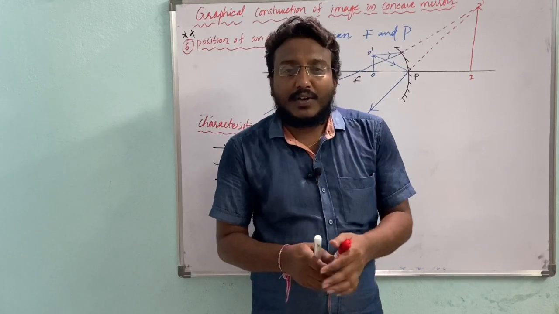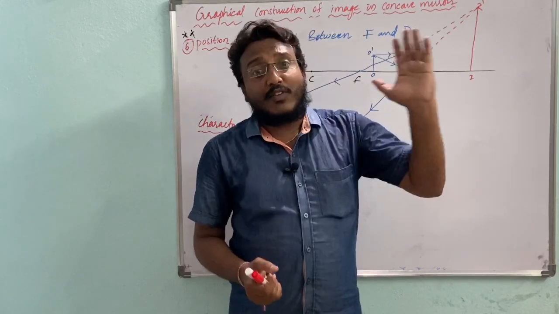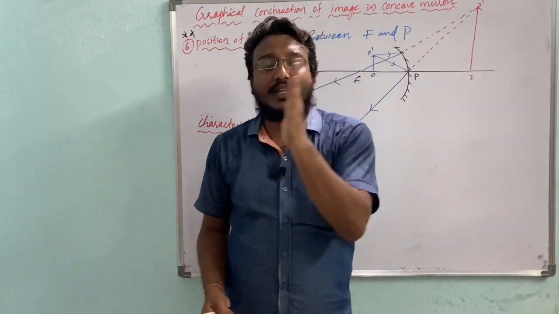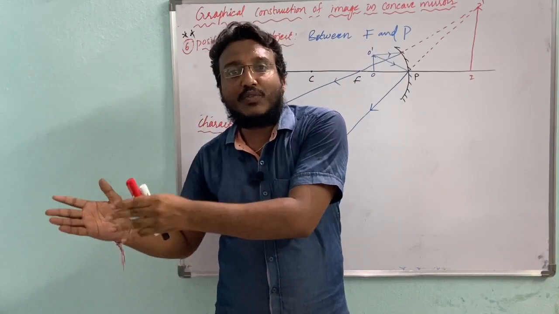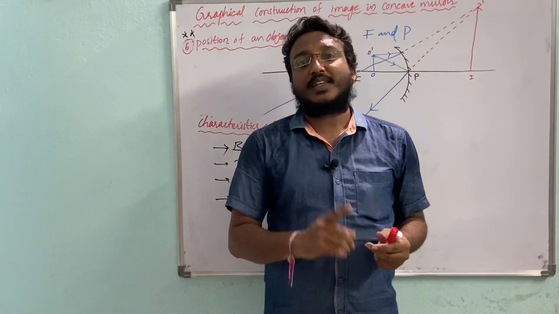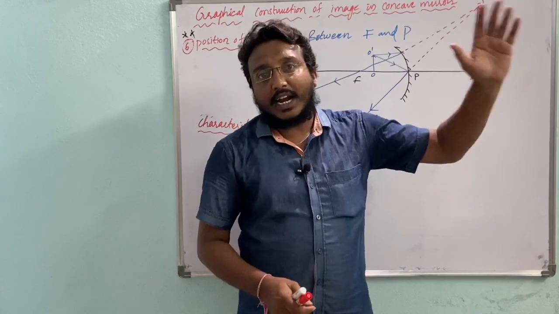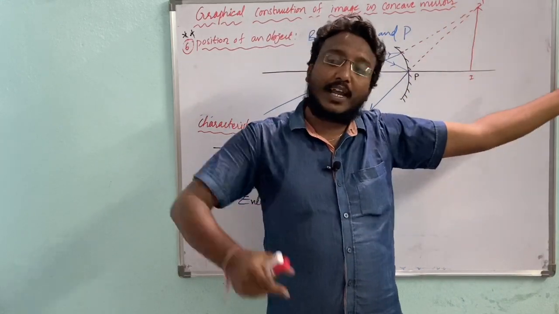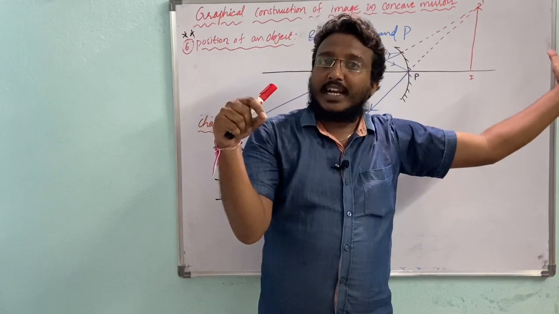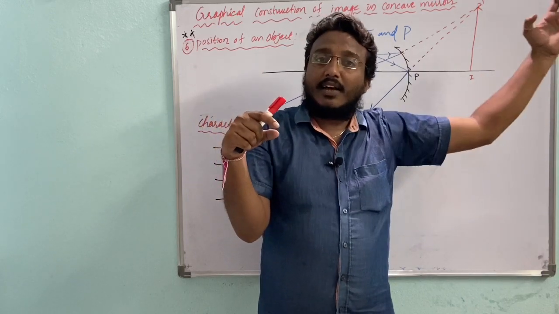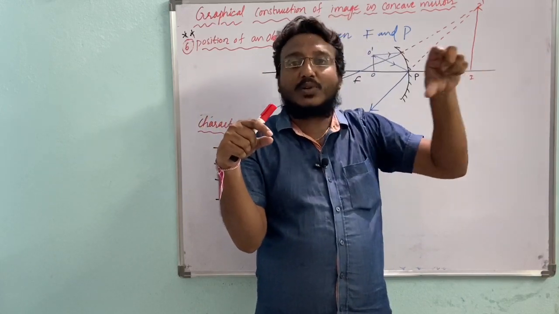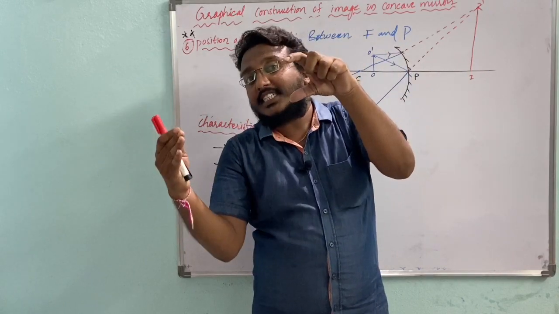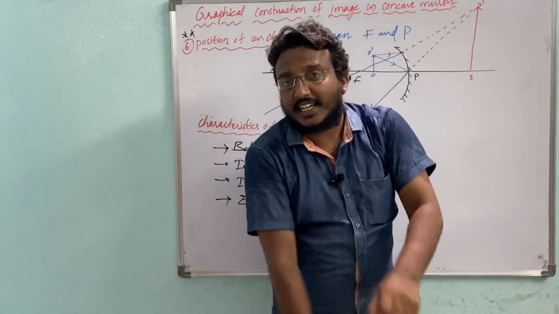What do you notice here? Very important: when the object comes closer to the concave mirror, the image moves away from the mirror. And one more important point: when the object is far, the image size is decreasing; when the object comes closer to the concave mirror, the height of the image is increasing.